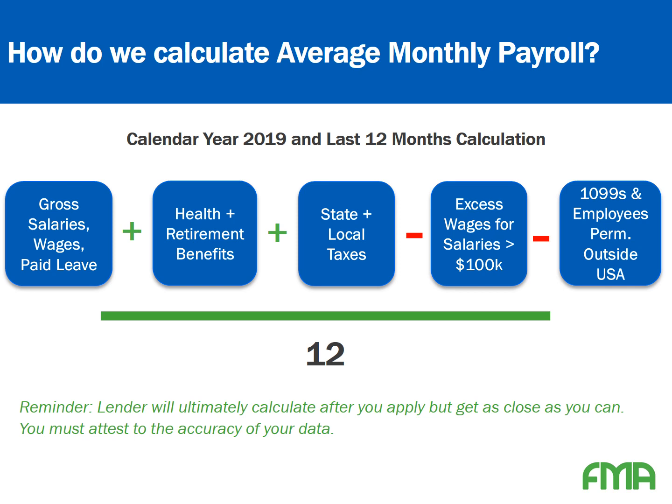So, what do we mean by payroll? In the definition for the PPP, it's really 5 things. Gross earnings or salaries, essentially all cash compensation, plus health and retirement benefits, plus state and local taxes. For health benefits, we mean medical, dental, vision.